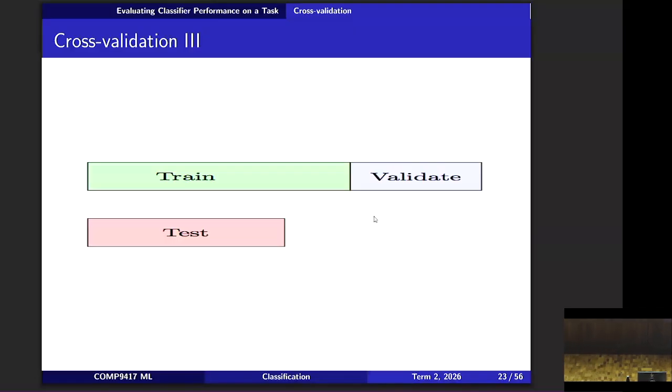Now, the sort of dirty secret, and this can catch you out, is that as soon as people look at the test set result, they say, oh, maybe we can do better by trying something else. And then immediately, the value of the test set as an independent estimate of the true error of your model goes away.